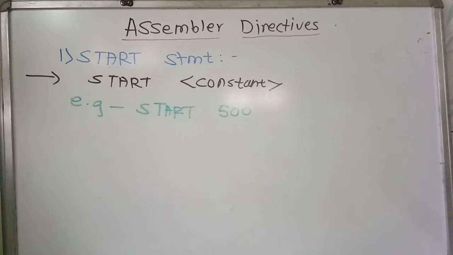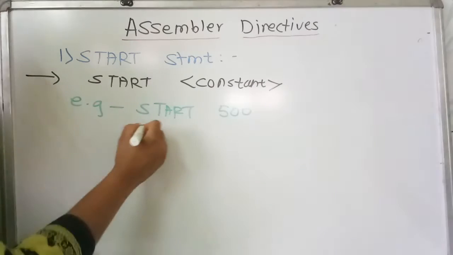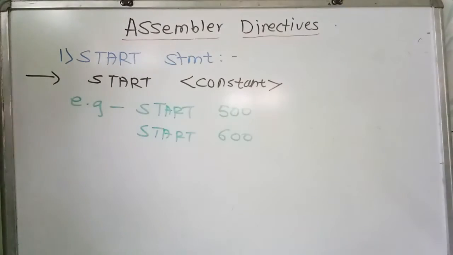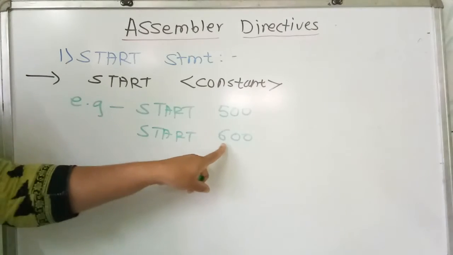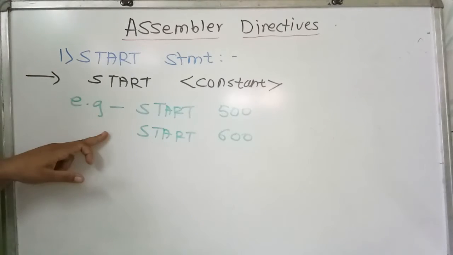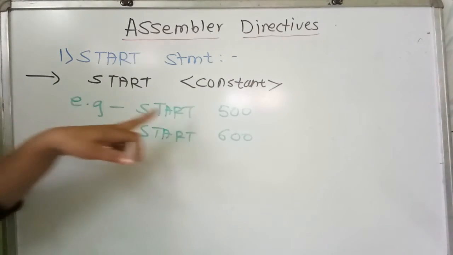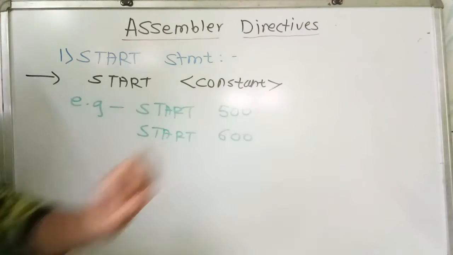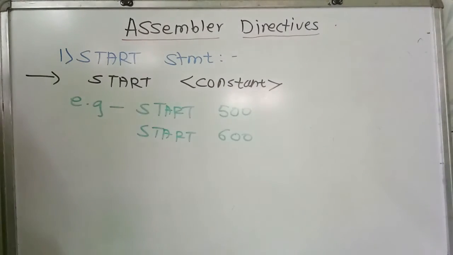If we write start 600, then the first word of the target program is stored from location 600 onwards. So this start statement gives us the knowledge about from where we have to start storing our memory locations.